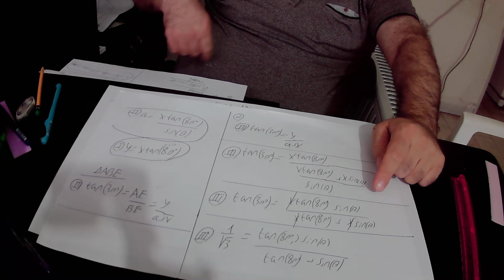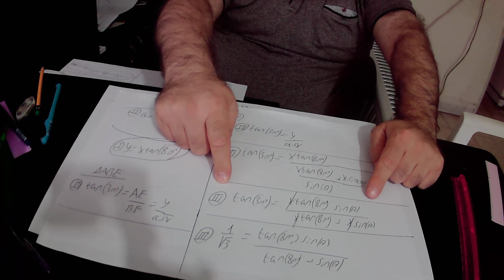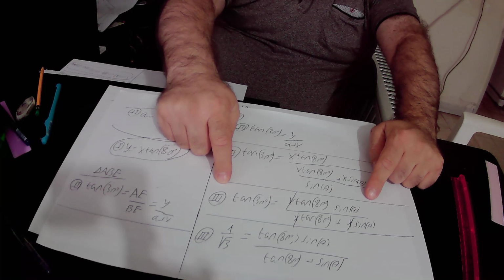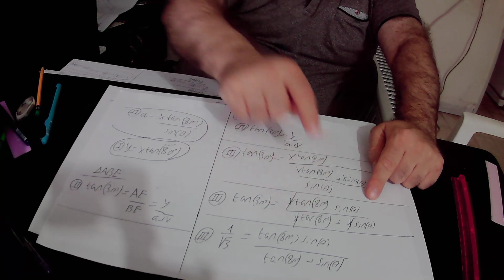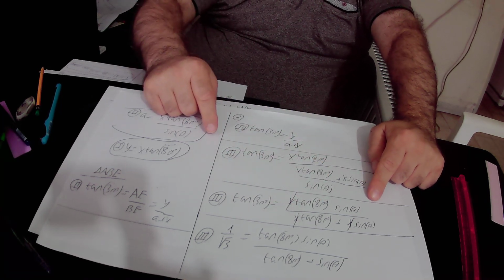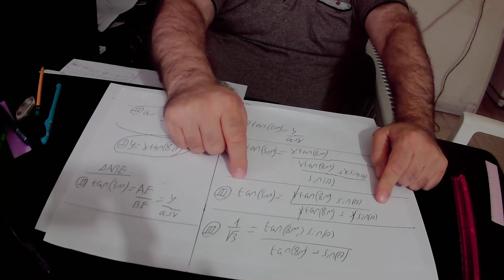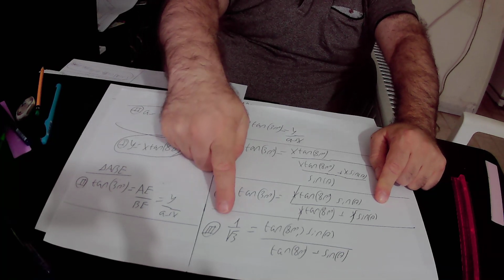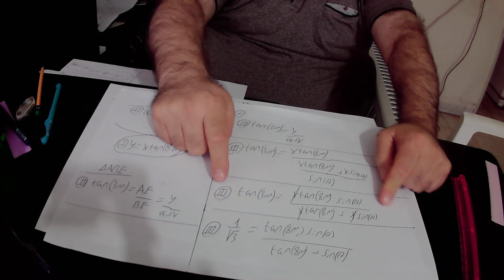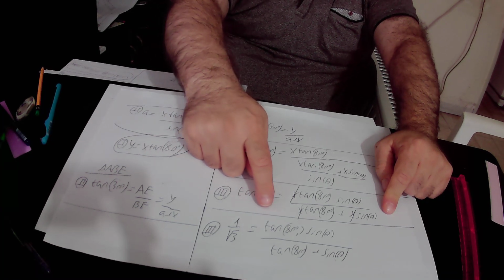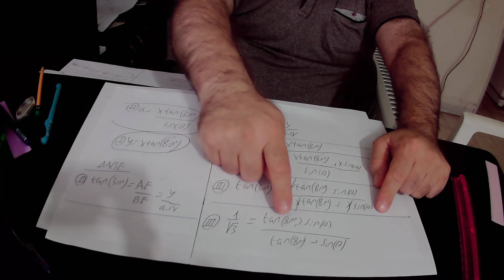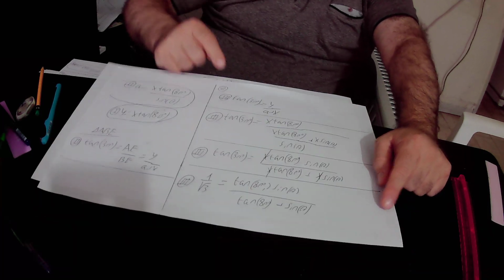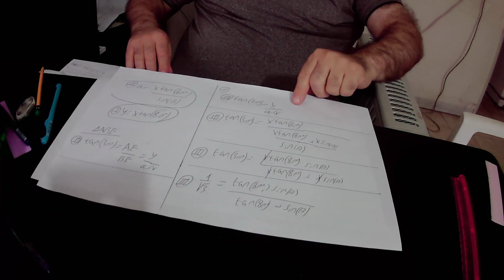Here we have X in the numerator of equation number 3 and X in the denominator, so X gets cancelled. We know that tangent 30 degrees equals 1 over square root of 3, and we are left with tangent 80 degrees times sine theta over tangent 80 degrees plus sine theta.